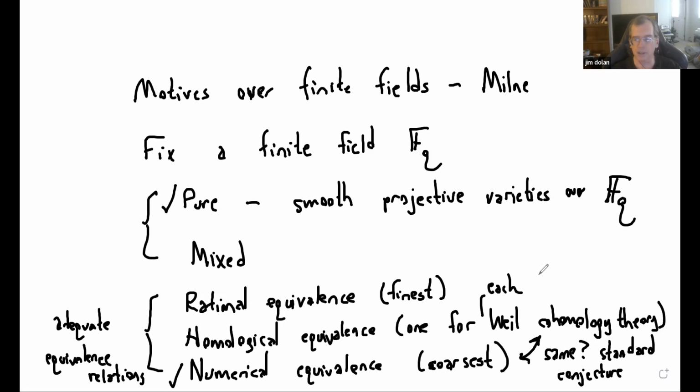So, smooth projective varieties. It has something to do with smooth projective varieties and some kind of correspondences between them, and massaging that to get some sort of category out of it, and perhaps being willing to massage it more to get it to be semi-simple or something like that.